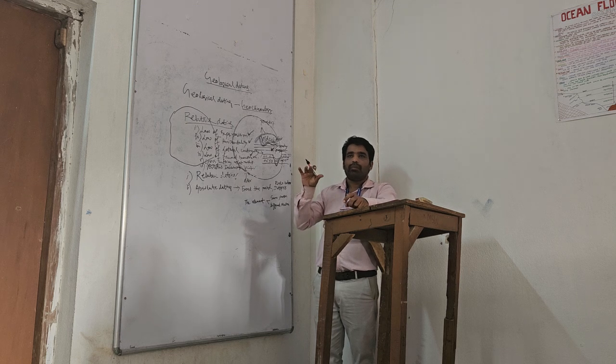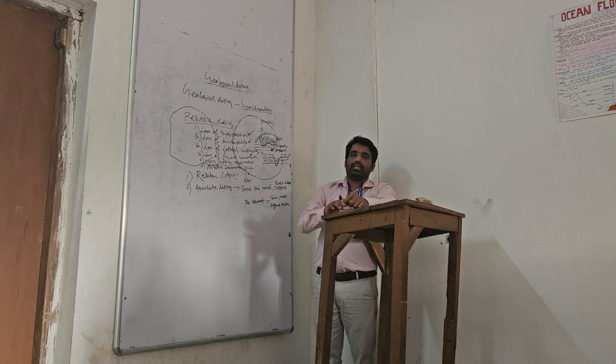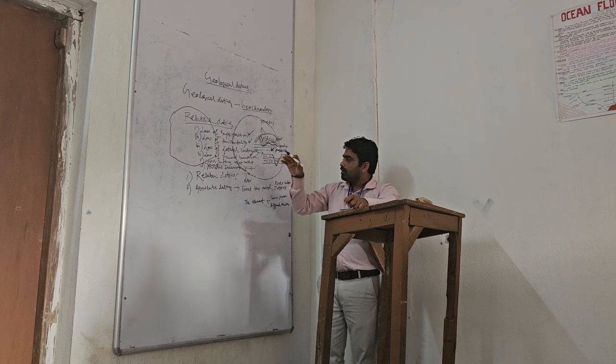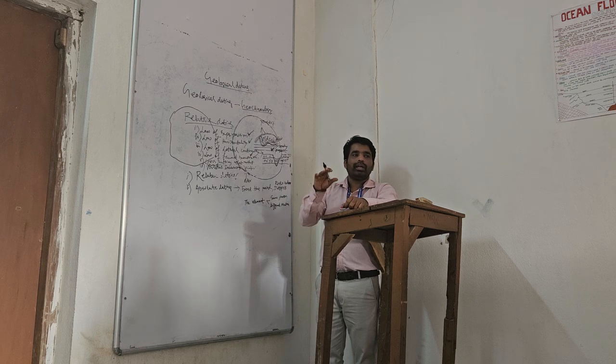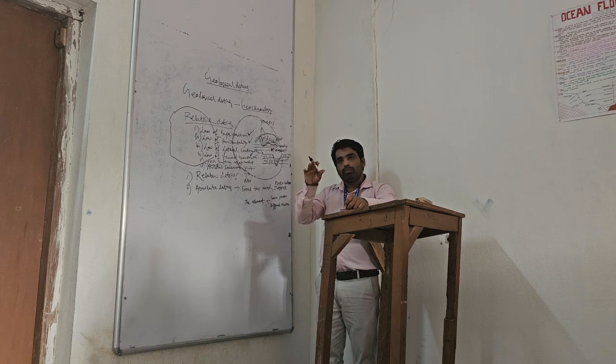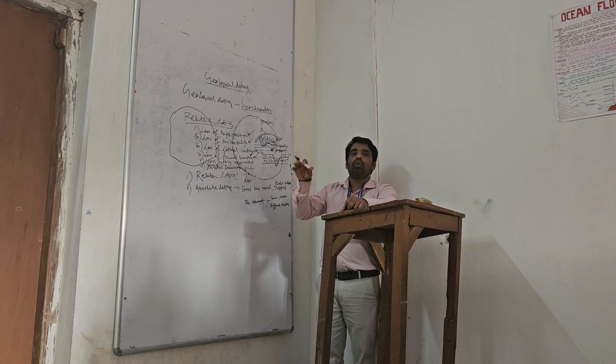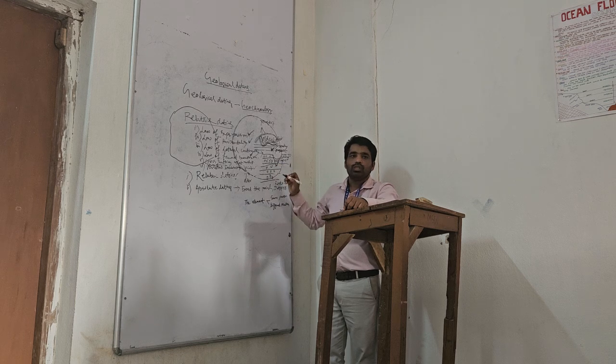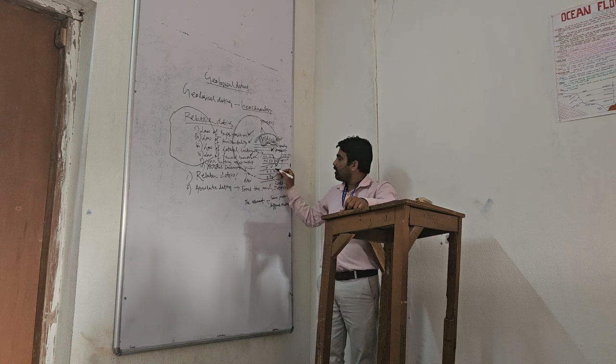Any fossil having an older age will represent the older bed, and the less old or younger bed will be represented by the younger faunal succession. So if we are getting beds in this manner, the older fossil present will always represent the older bed. This is the faunal succession.